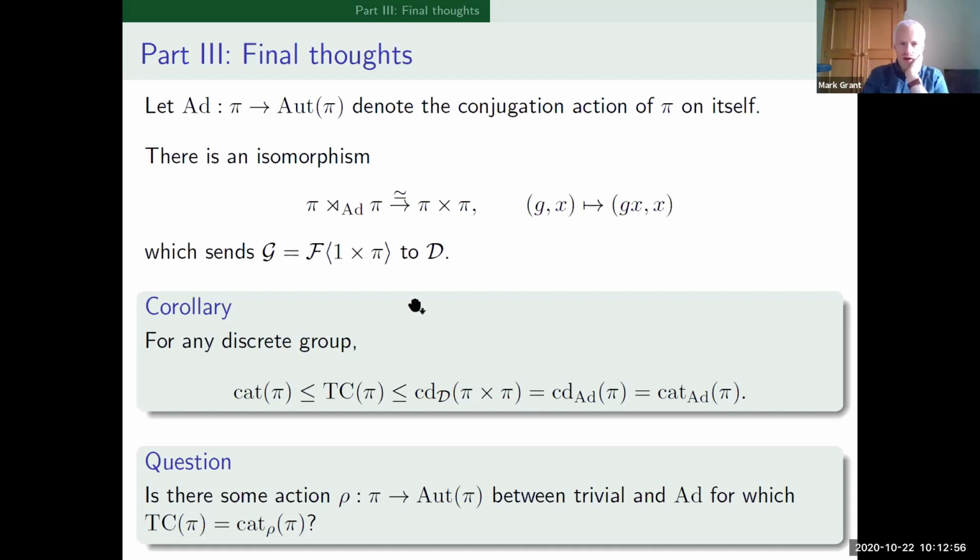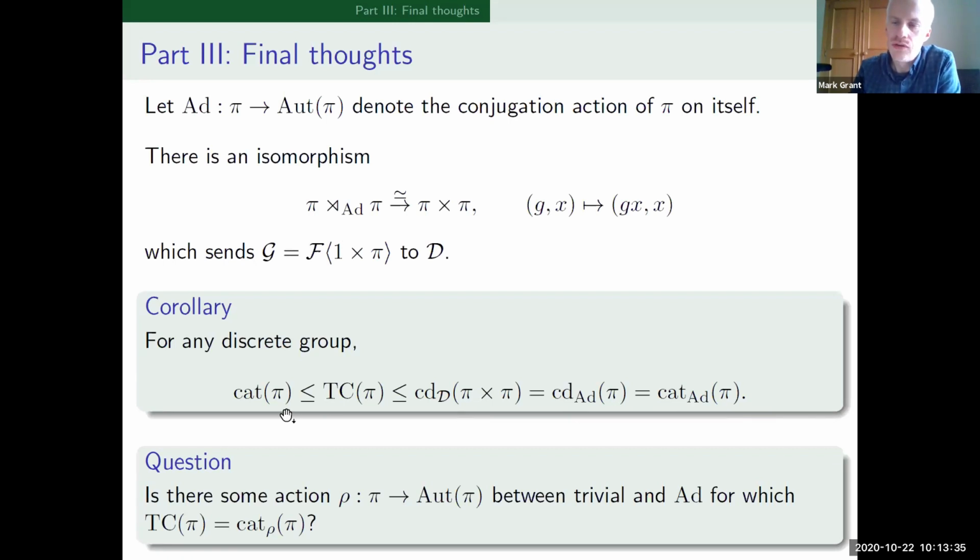And so you can reframe the upper bound for topological complexity of a group as the equivariant cohomological dimension of pi with respect to the adjoint action, which, provided the stuff that I said works for infinite groups as well as finite groups, which there may be some technicalities there, but I'm fairly sure it would work. This can be interpreted as the equivariant LS-category of the group pi.